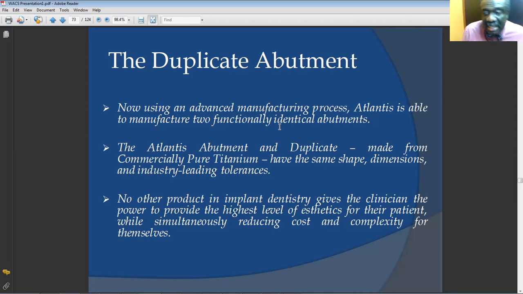Using the advanced manufacturing process, Atlantis is able to manufacture two functionally identical abutments, the Atlantis abutment and the duplicate, made from commercially pure titanium, with the same shape and dimensions and industry-leading tolerance. No other product in the implant industry at that time gave the clinician the power to provide a high level of aesthetics for their patient while simultaneously reducing cost and complexity for themselves.